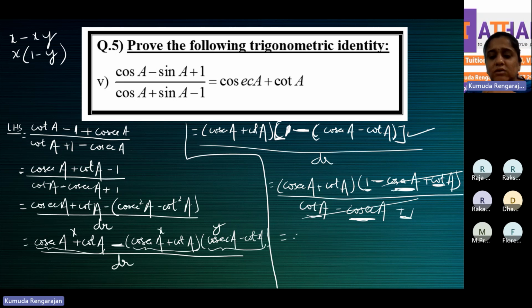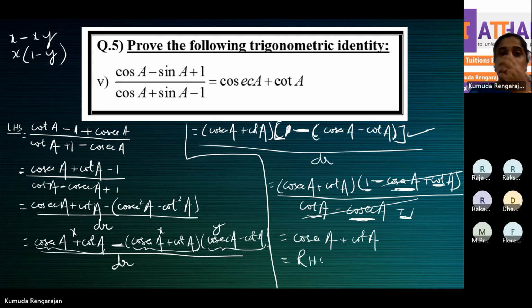So that is equal to cosecant A plus cot A, which is the RHS. Got it, children? If supposing there was a plus here, then you don't put a bracket. Even if you put a bracket, once you remove the bracket, you will get the same terms. When there's a minus, you should use a bracket.